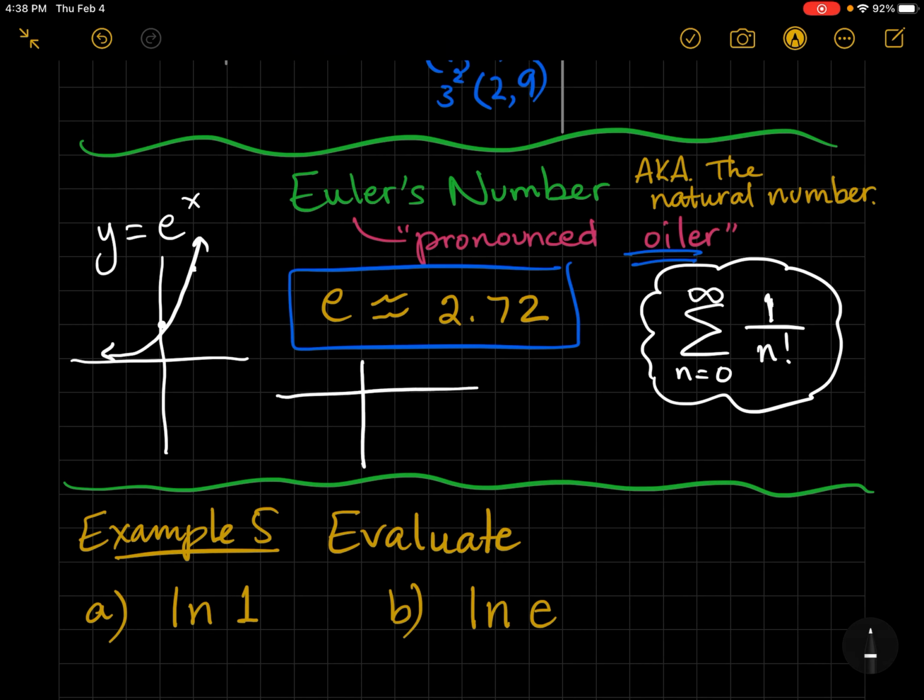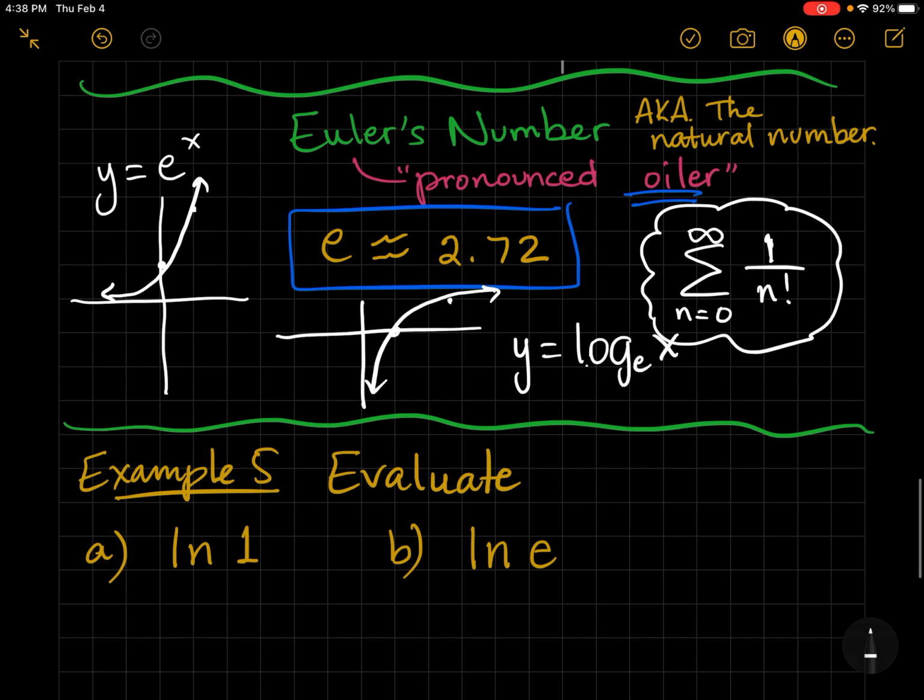If I were to ask you to graph y equals log base e of x, then we would put a point here at 1, and then we would go over about 2.7 and go up like that. Now, I have something to tell you about log base e.